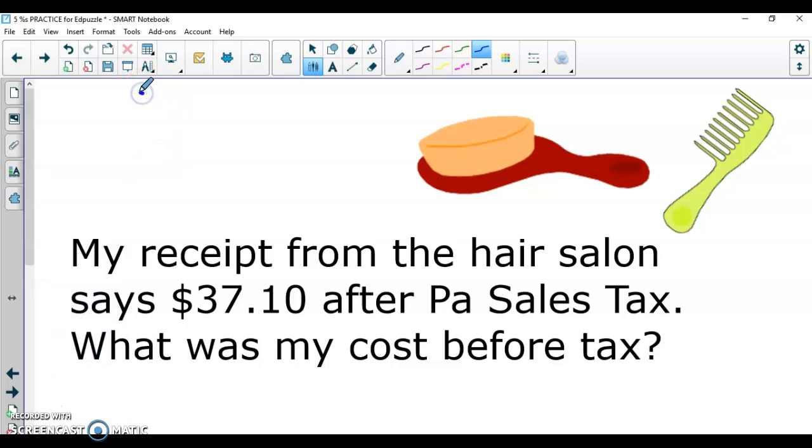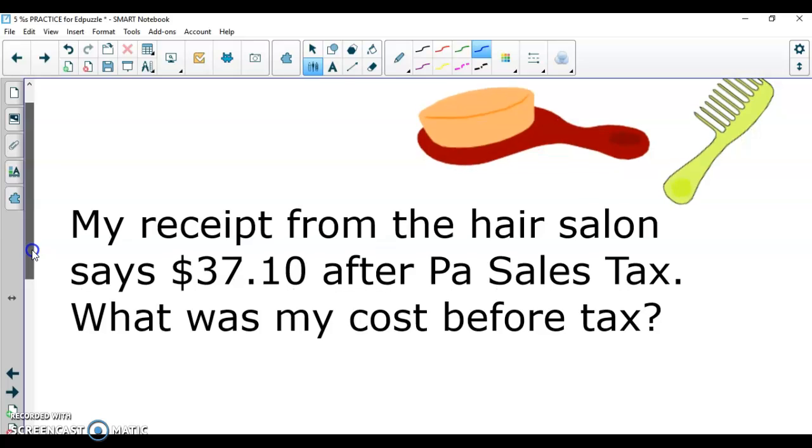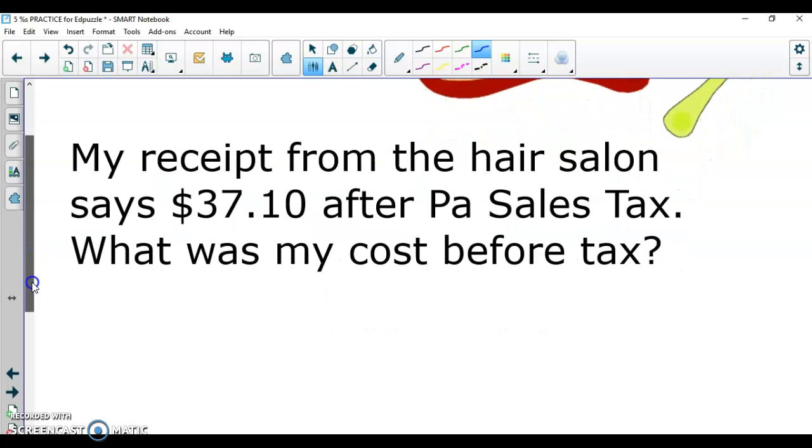And next example you have is another working backwards one. So this one I'm not going to give you as much guidance to start, but my receipt from the hair salon says $37.10 after PA sales tax, which is going to be 6%. What was my cost before tax? So remember, we're actually using method 2 here to set this up.